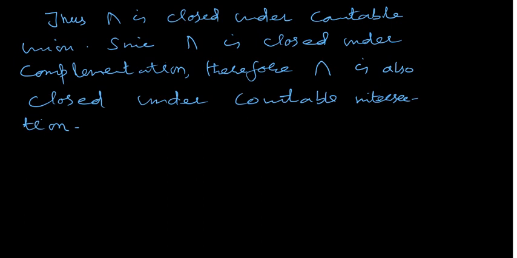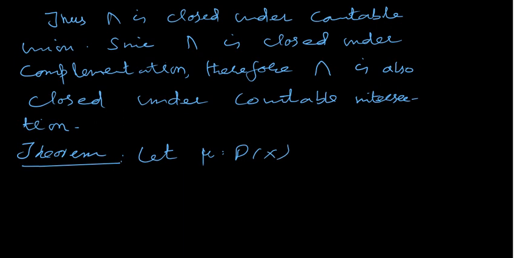So next theorem, which is very important, I have already told you. The statement is: let mu, a function from the power set of X to [0, infinity], be an outer measure.